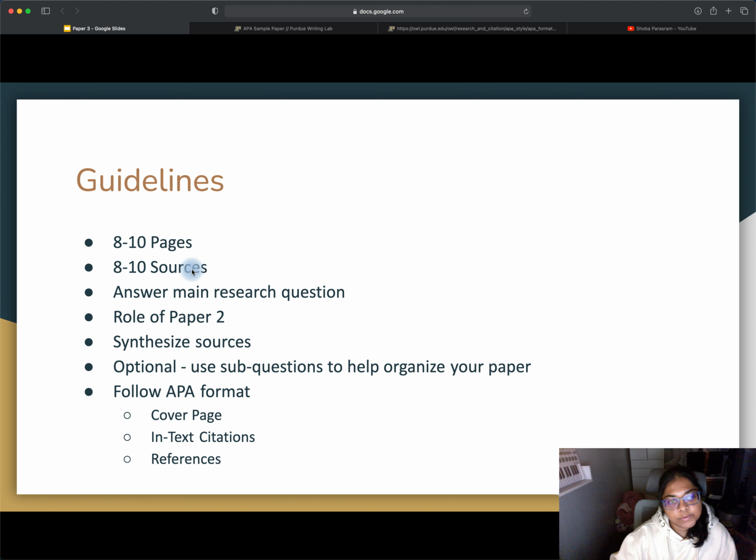Do try to use as many of the sources from your annotated bibliography as possible, but I don't want you to feel restricted, where if something doesn't work anymore for your paper because your paper kind of transformed a little, you have to use that article. So it's okay to switch out a couple of them as long as ultimately you do have 8 to 10 sources in your final paper.